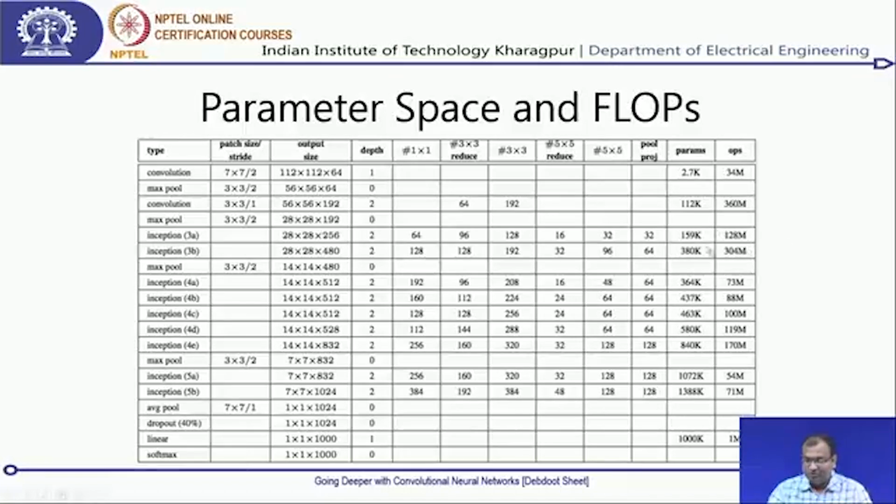However, you can see that the total number of operations in Inception 3B is 304 million, whereas in Inception 4B it is just 88 million. There is no direct one-to-one correspondence, and this is something you need to keep in mind. It is not necessary that more parameters would incur a larger number of operations, though there is another interesting aspect about the memory bottlenecking which might happen on hardware, but that we keep for the next lecture.